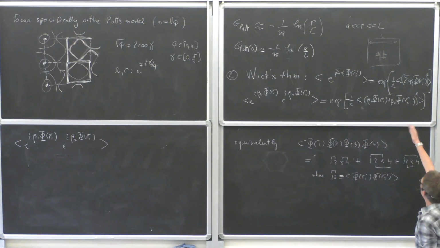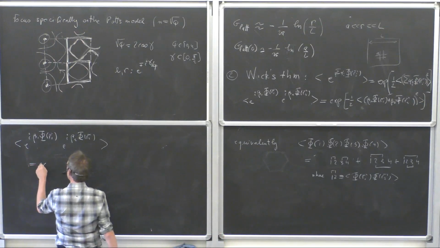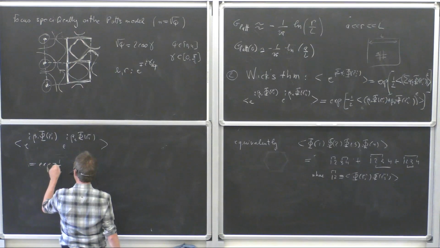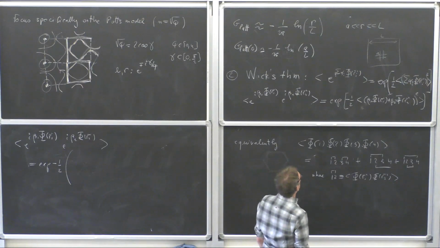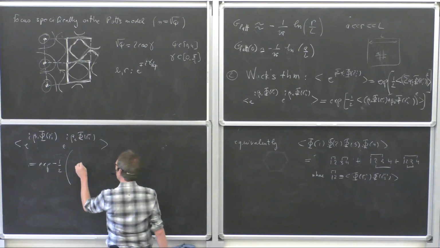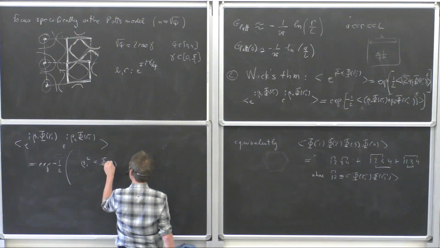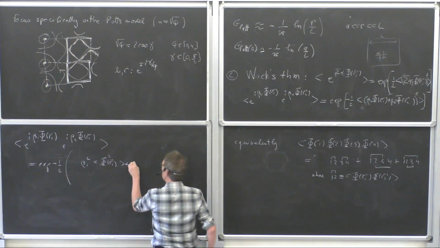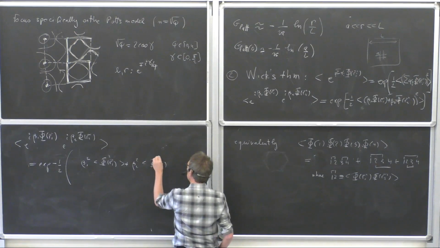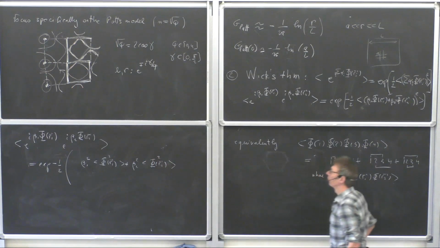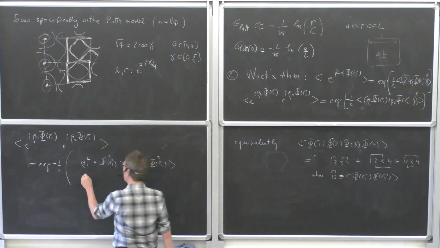So let's calculate it using the theorem explicitly. This is exponential -1/2 times some horrible stuff, what does it have? It has beta 1 square average of phi of R1 square plus beta 2 square average of phi of R2 square plus 2 beta 1 beta 2 phi of R1 phi of R2.